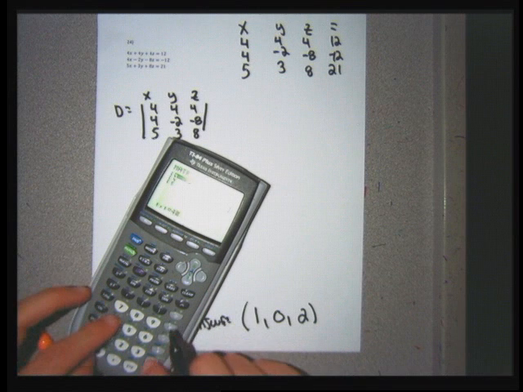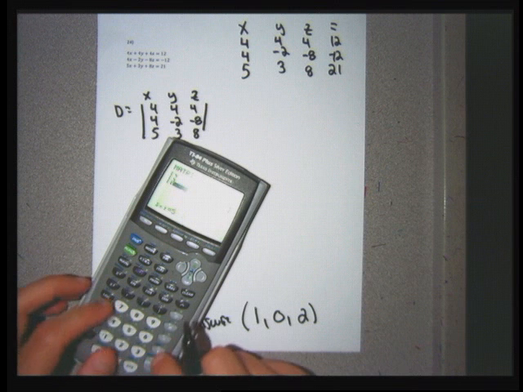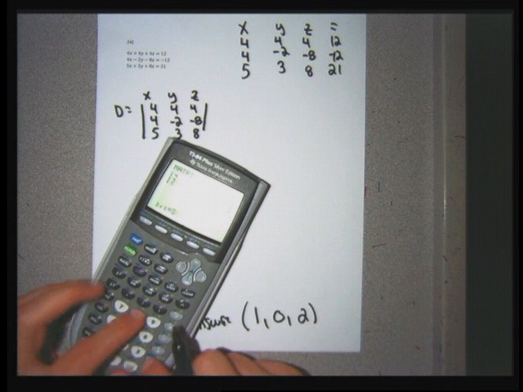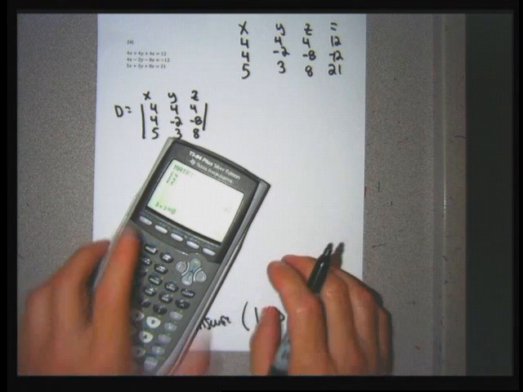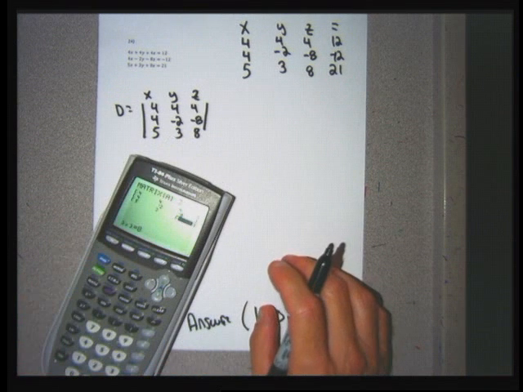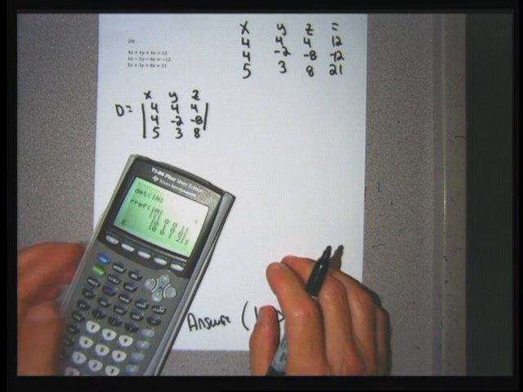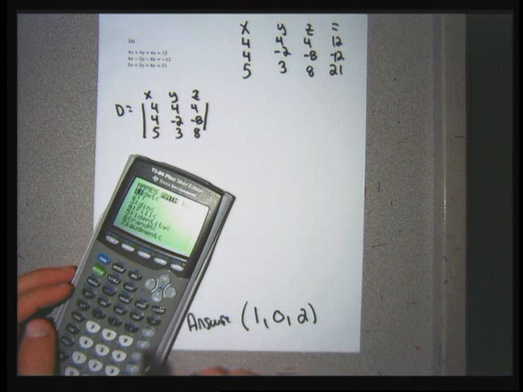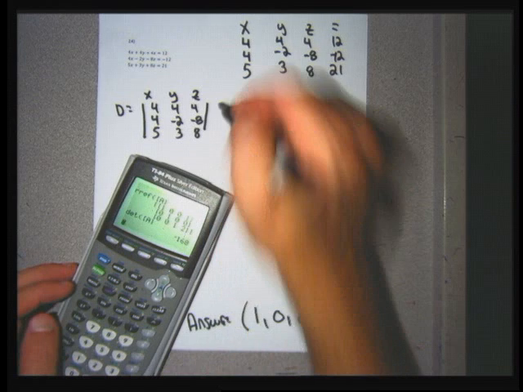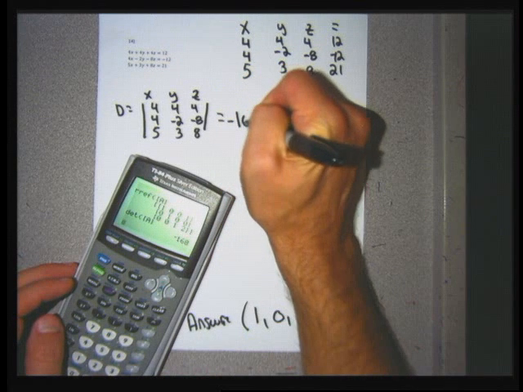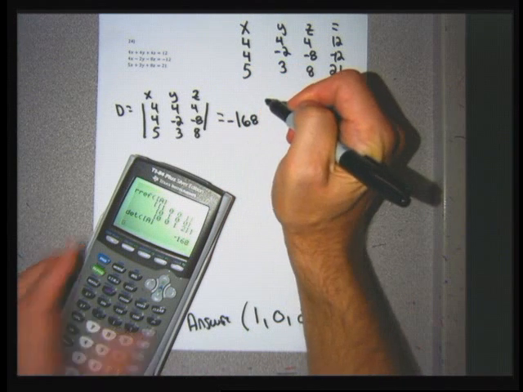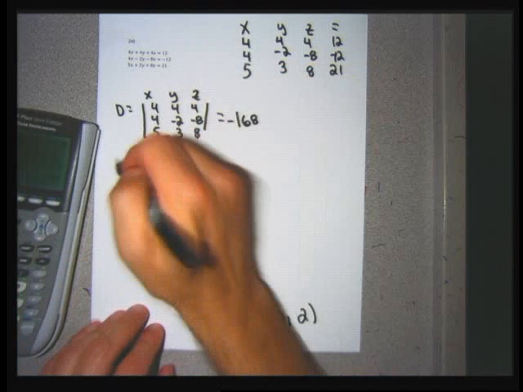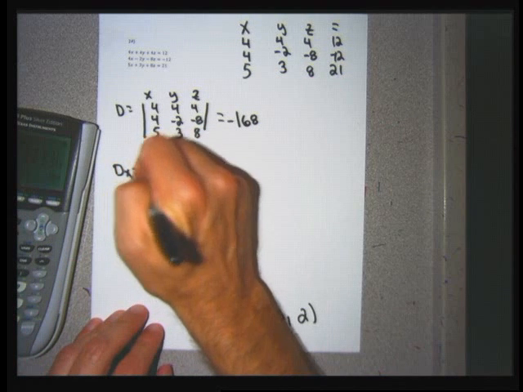So 4, 4, 4, 4, negative 2, negative 8, 5, 3, 8. So I've just entered that matrix. Then second quit, second matrix, math, determinant, second matrix, enter, enter. Whoa, negative 168. Slightly alarming, but I'll believe that it's not wrong until I confirm that I've messed up.